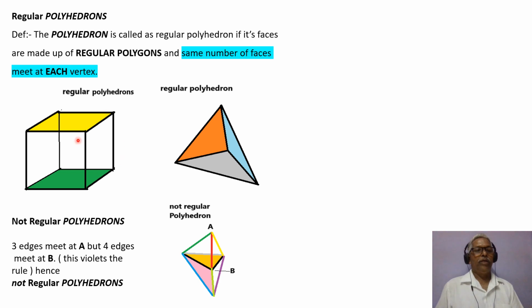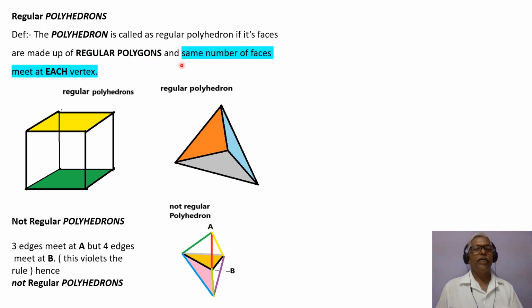Now here are squares, maybe rectangles, maybe triangles like this, maybe a combination of rectangle and square like that. So this is the first part of the definition, that a polyhedron is called a regular polyhedron if its faces are made up of regular polygons.